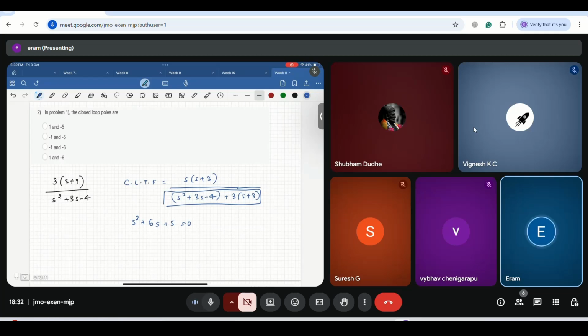So this is nothing but you can easily see you have factors s plus 5 and s plus 1. So the poles are minus 5 and minus 1. Okay.